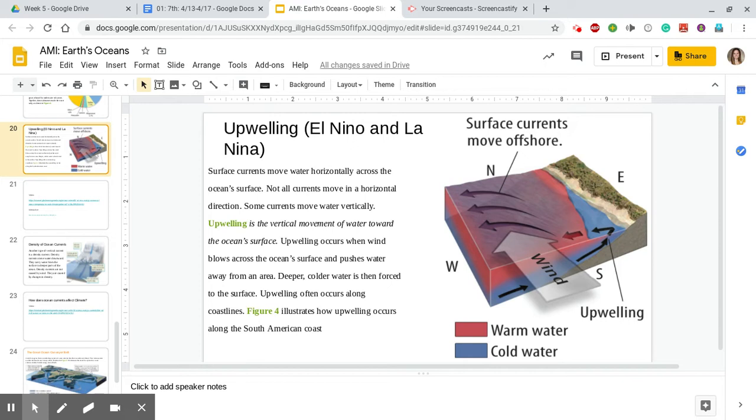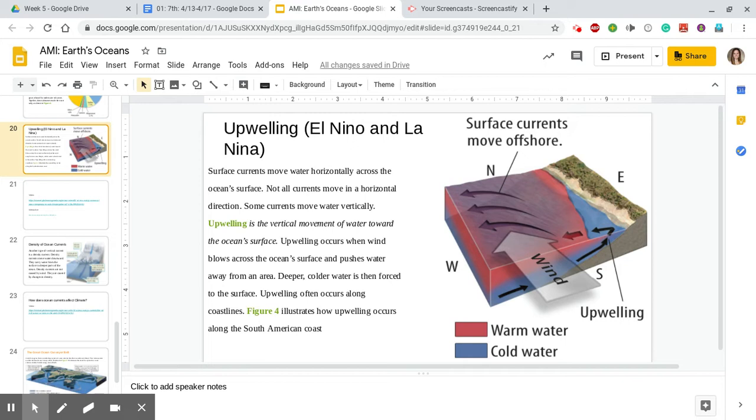So, upwelling is a vertical current caused when wind blows across the ocean's surface, pushing water away from an area, causing cold water to be pushed up on a shore. Okay, so this happens along coastlines.